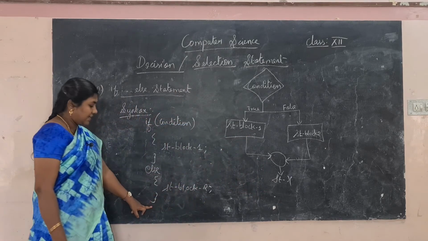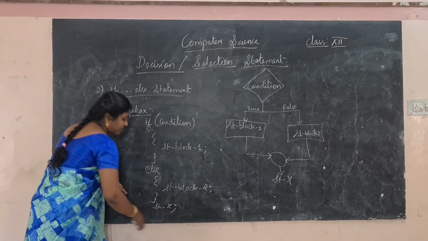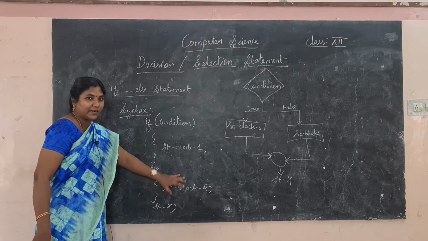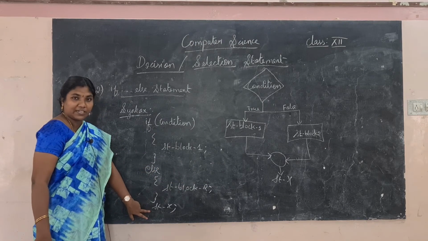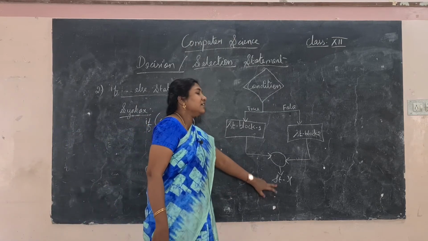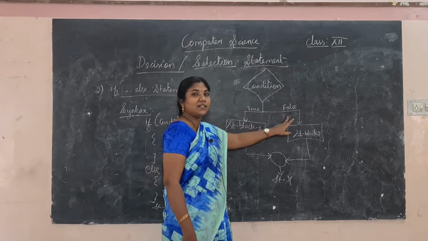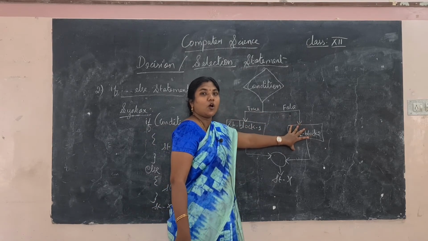Here only the statement X will be there. So it will not get into statement block 2, but it will come outside the if block, and it will come to the next statement, statement X. Similarly, if the condition is false, it will skip statement block 1 and get into statement block 2.